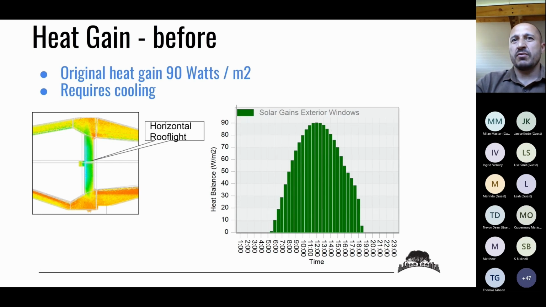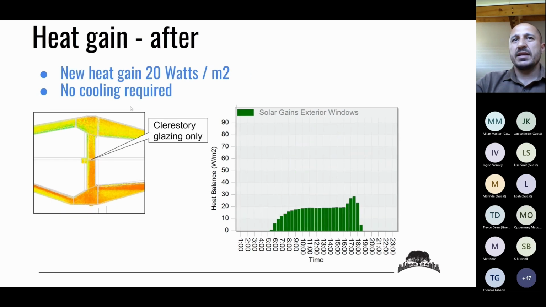So that needs cooling in the peak of summer. In the clerestory glazing scenario, that's pulled right down to 20, 30 watts per square meter. This you can deal with using outdoor air only. So in this scenario, again, you've removed the need for cooling and are still achieving excellent daylight.